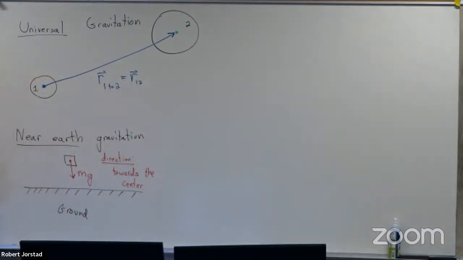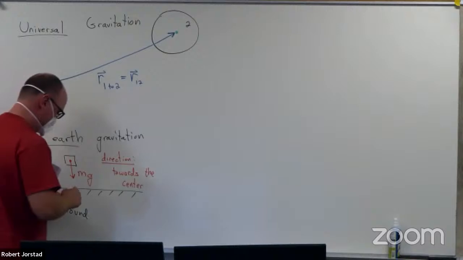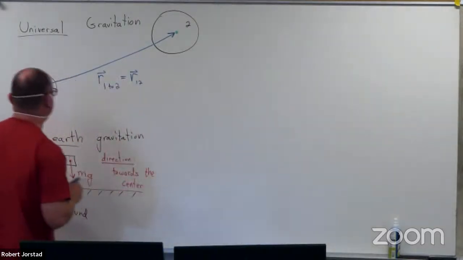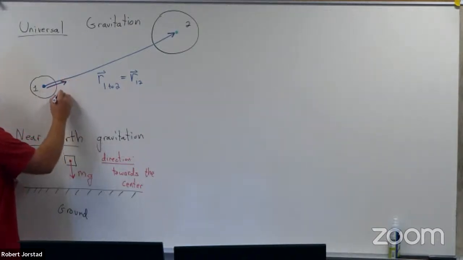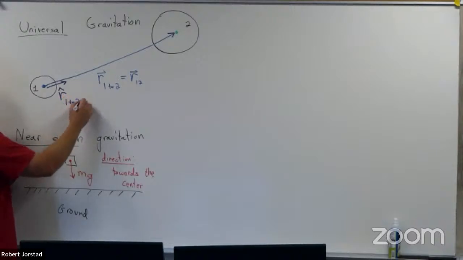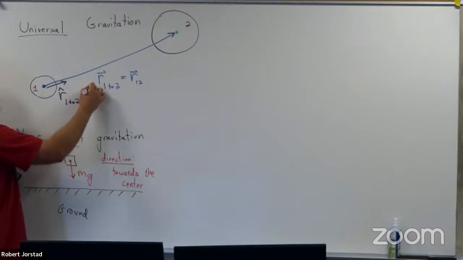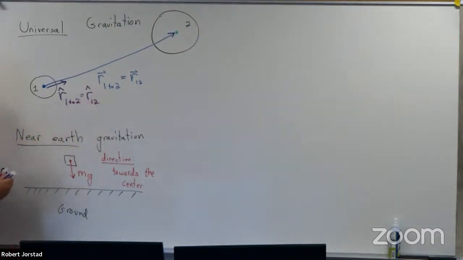This is notation I'm going to use in this class and in circuits class. Now, there's a unit vector that points the same way. Notice this would be R hat. It's a unit vector. Or sometimes we'll say R hat 1, 2. Okay, so we're going from 1 to 2.